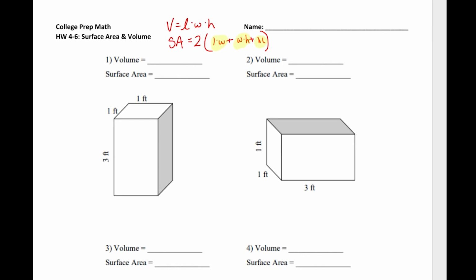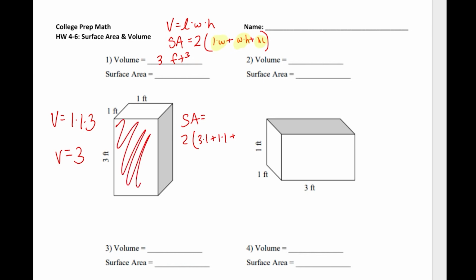So the volume on this first one is going to be 1 times 1 times 3, just multiplying the 3 dimensions, and so we get 3 cubic feet. For the surface area, we're going to have 2 times, let's start with the front side, 3 times 1, plus the top, 1 times 1, and then we've got one more 3 times 1.